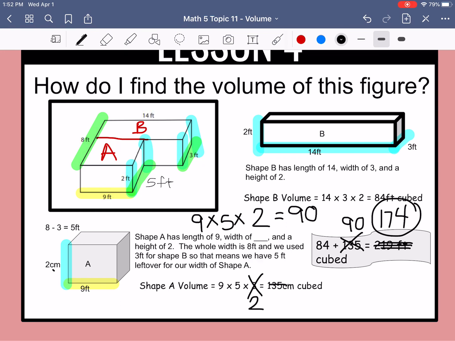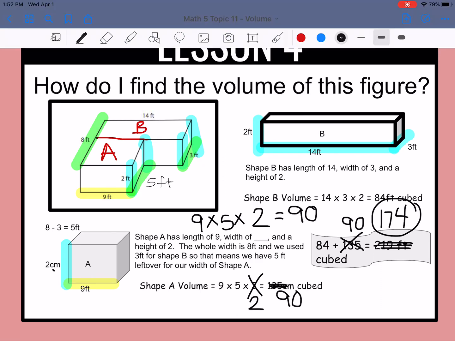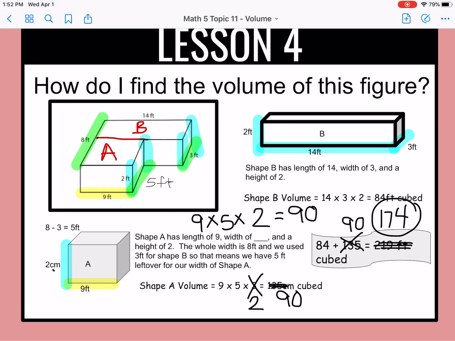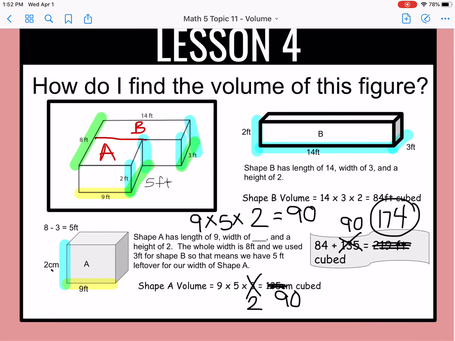And that makes this number a 90. If you are using these notes, please make sure that you correct that so that you don't think that's the right answer. So these are not that bad. I do suggest that you break them into separate shapes. It makes it much easier that way.